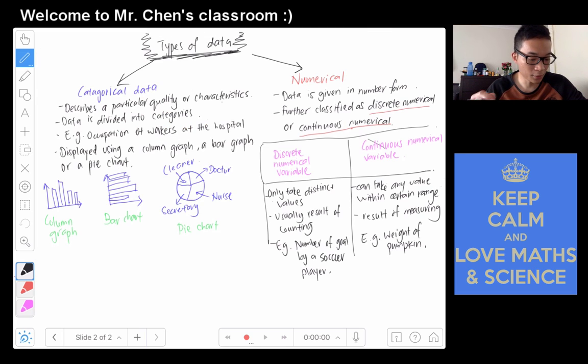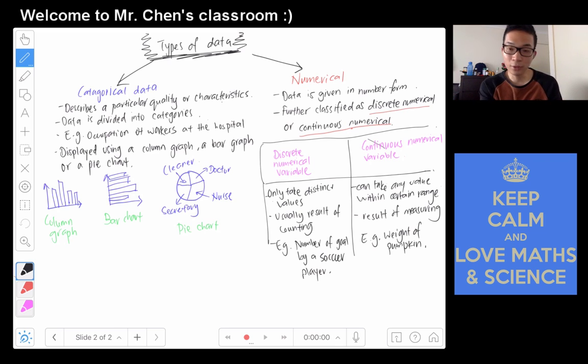So types of data, categorical data is actually describing a particular quality or characteristic. Okay, so when you collect data, there are two types of data that you will be collecting. It depends on what your target is, or I mean what you are actually trying to do.